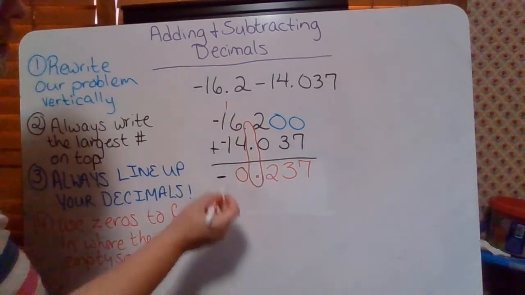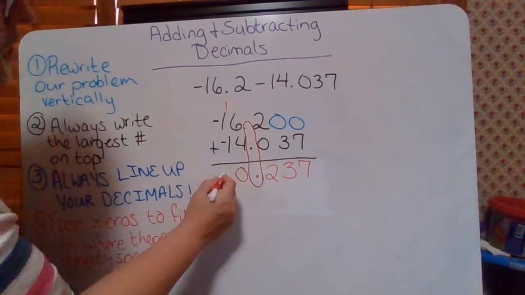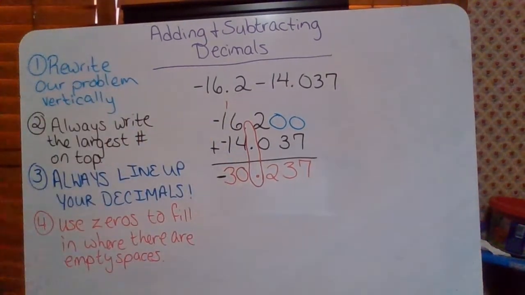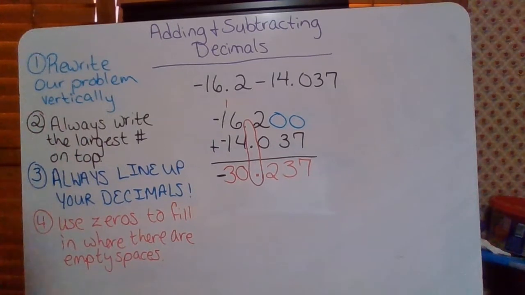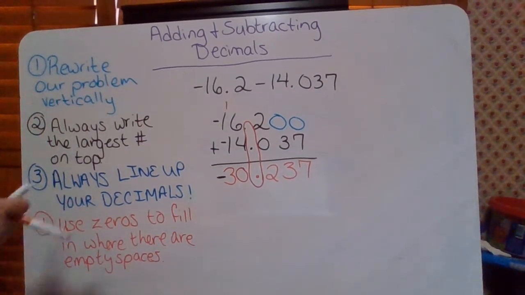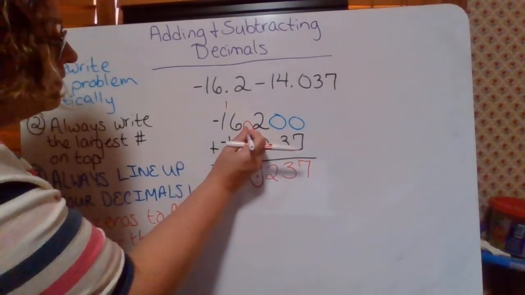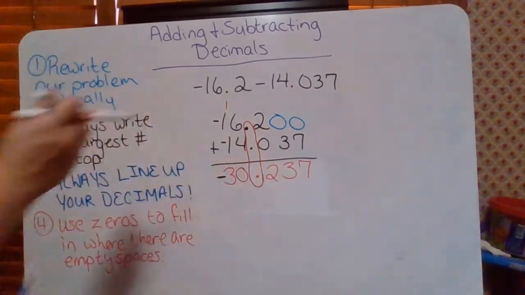Carry your 1. 1 plus 1 plus 1 is 3. So my final answer is negative 30.237. Okay? And that is literally all there is to adding and subtracting decimals. I can't really see that decimal good. Sorry about that. There you go.